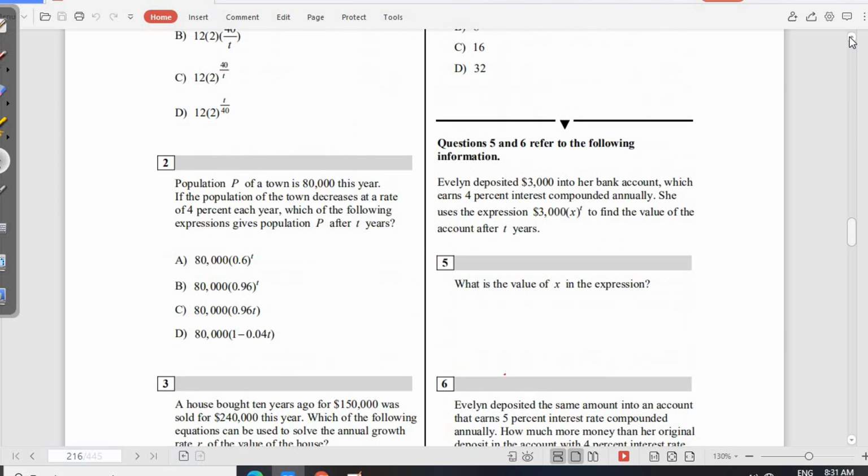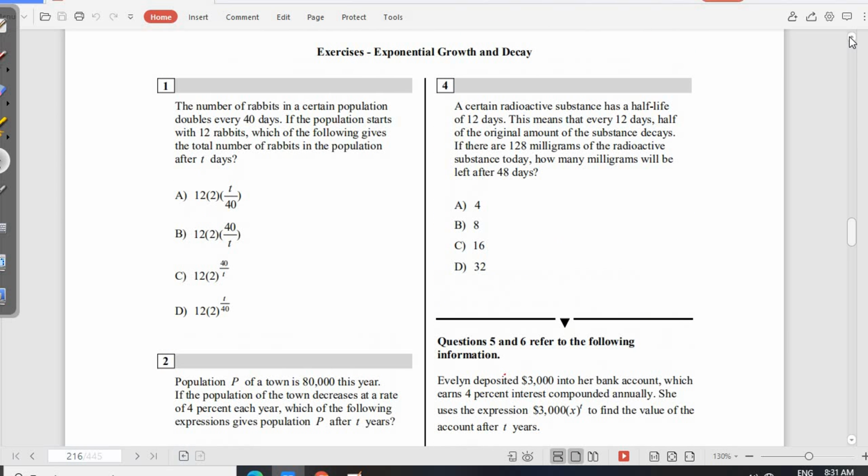Okay, they're just asking you based on what I've shown you, the explanation I gave. So look, a certain radioactive substance has a half-life of 12 days. You know what to do with half-life: it is 1/2. Okay, this means that every 12 days half of the original amount of the substance decays. If there are 128 milligrams of the radioactive substance today, that's 1 times 1/2.